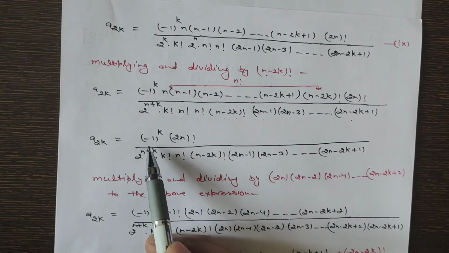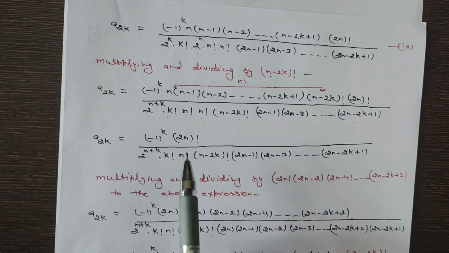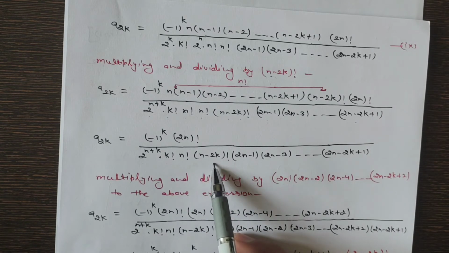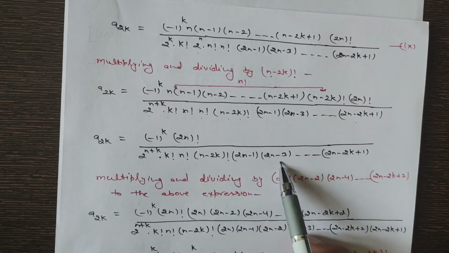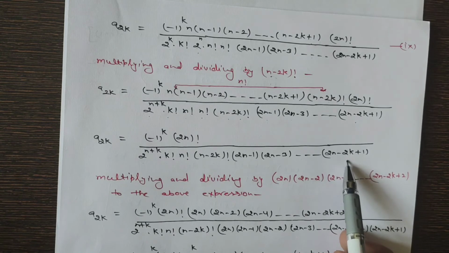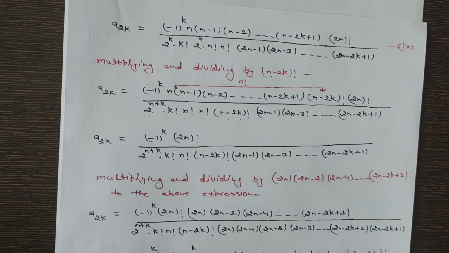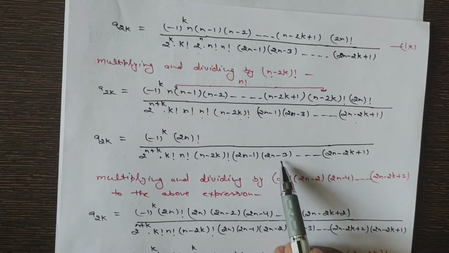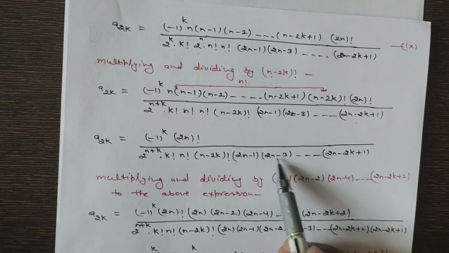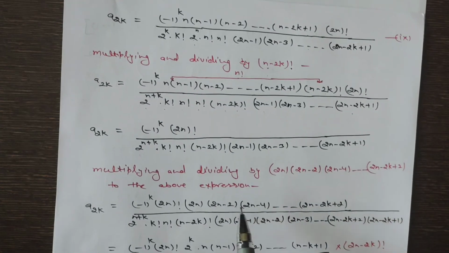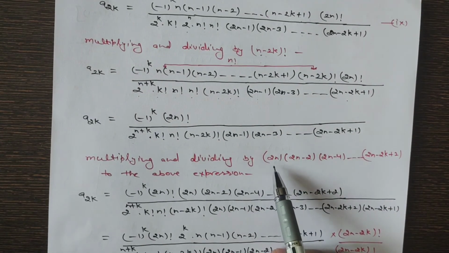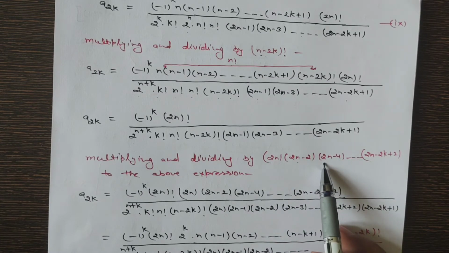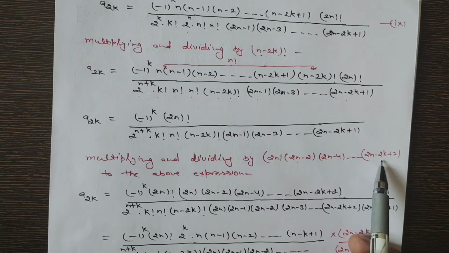So a2k will be minus 1 raised to power k, 2n factorial, over 2 raised to power n plus k, k factorial, n factorial, (n minus 2k) factorial, (2n minus 1)(2n minus 3)(2n minus 5) up to (2n minus 2k plus 1). Look at the denominator: these terms are alternate odd terms, 2n minus 1, 2n minus 3, 2n minus 5, so even terms are missing from them. So in the next step I multiply and divide by 2n, 2n minus 2, 2n minus 4 up to 2n minus 2k plus 2.